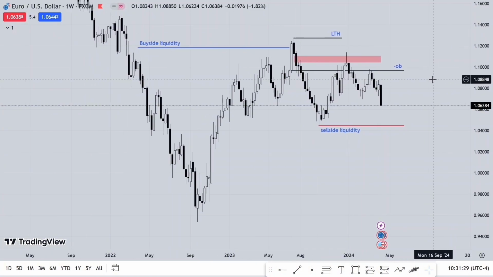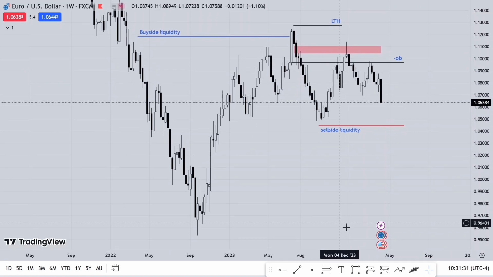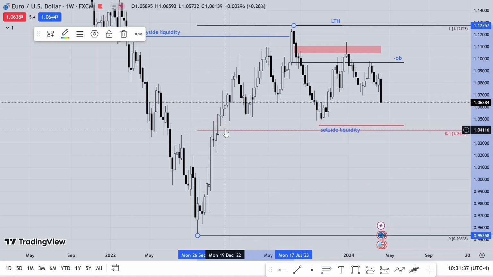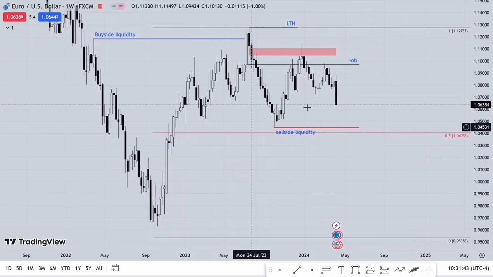So there is likely probability for price to come below this, below the discount point of this. You mark out the premium arrays, which we already did here. So we'll move from a premium PD array here to a discount PD array, which is this.